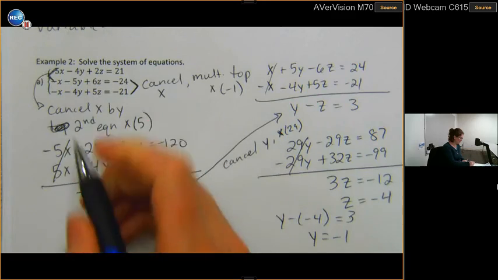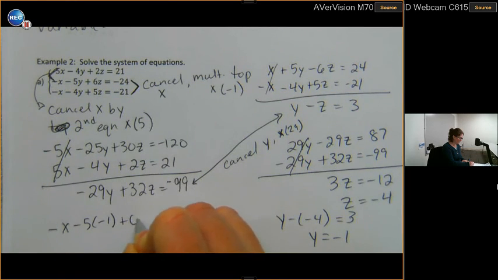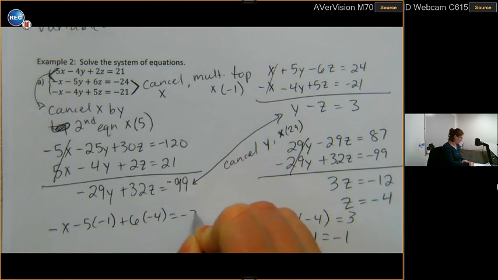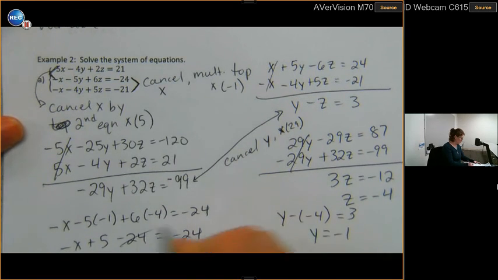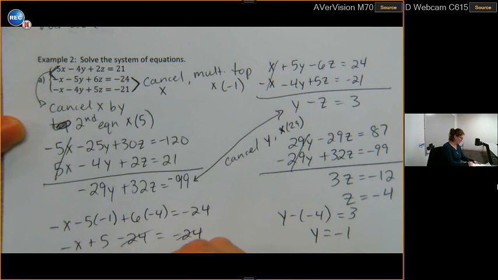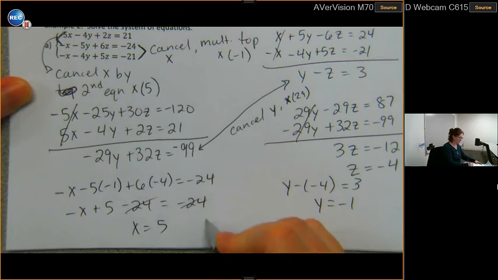So I'm just going to pick this middle one. I know these 24s are going to cancel, so I'm going to have x equals 5. And then I write my answer as the ordered triple 5, negative 1, negative 4.